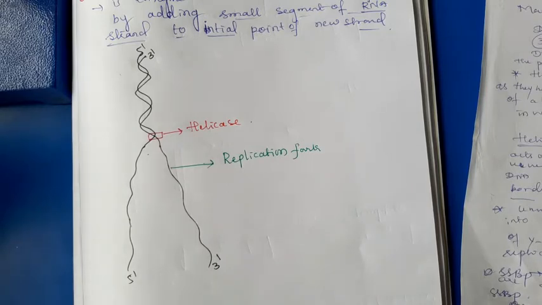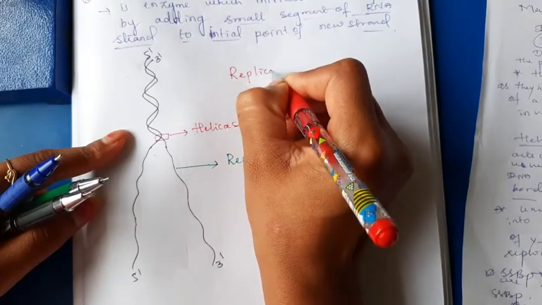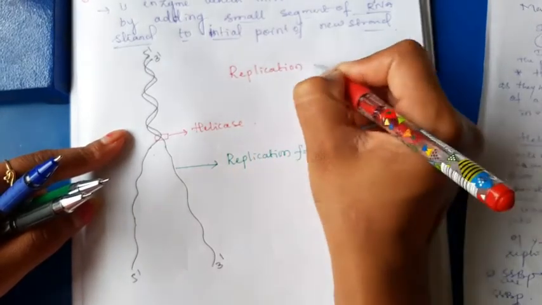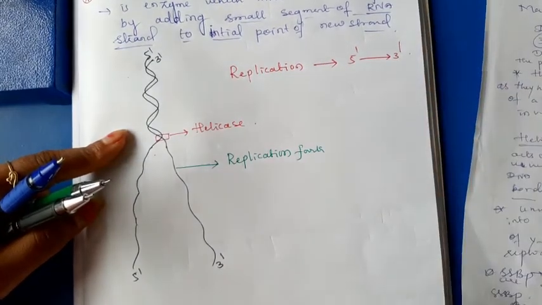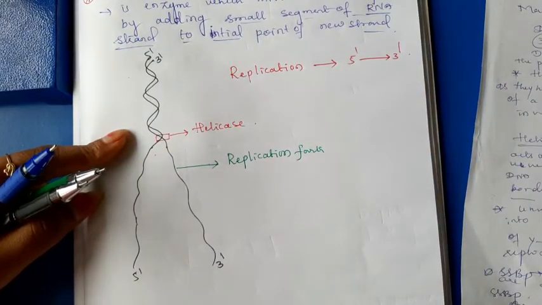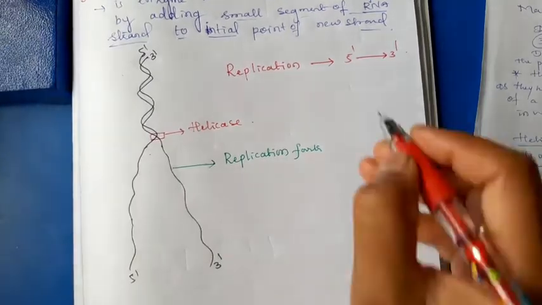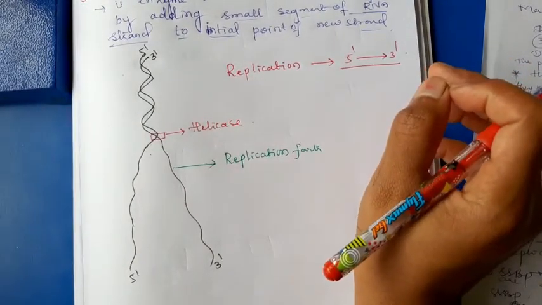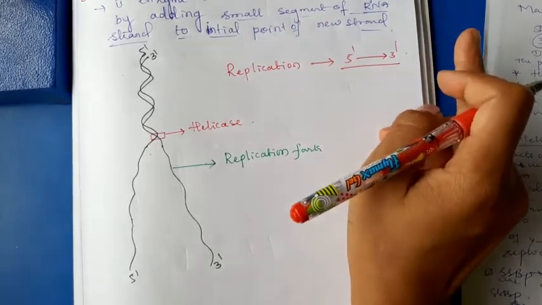The replication polarity is 5' to 3'. You know that DNA polymerase adds new deoxynucleotides during DNA replication. It will add DNA in the polarity of 5' to 3' direction.